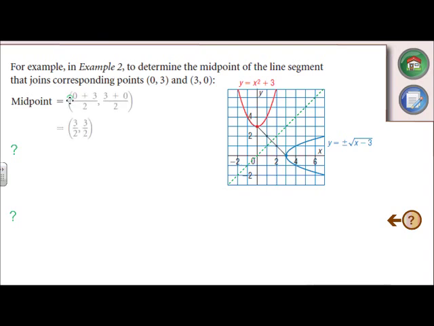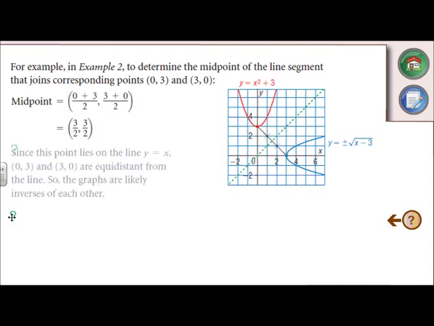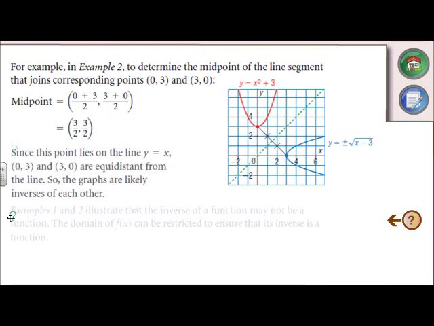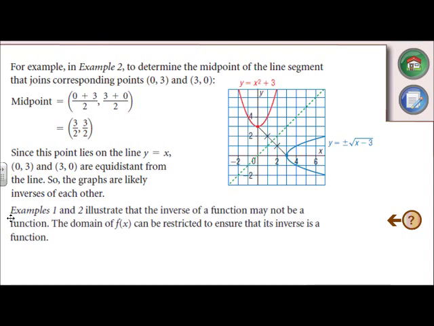So your book there shows you how to find the midpoint between the two of them. And if you notice, those points are equidistant from the midpoint. And the midpoint, if you're going to find the midpoint of the two, these two numbers have to be the same.